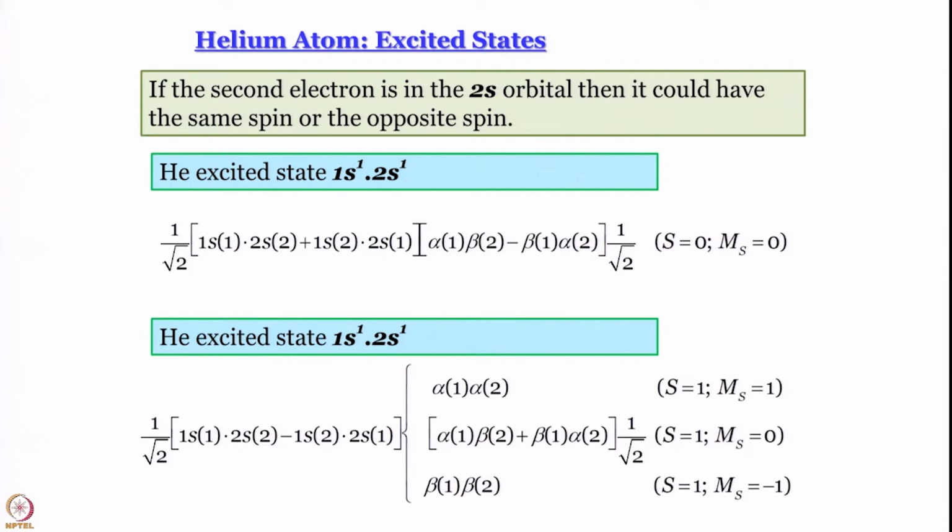The collection is called S equal to 1. The first one is called the S equal to 1, MS equal to 1 state. The second one is the S equal to 1, MS equal to 0 state. The third one is called the S equal to 1, MS equal to minus 1 state.